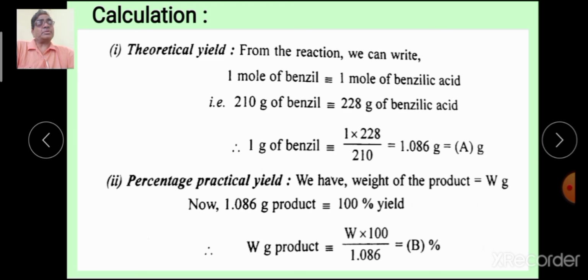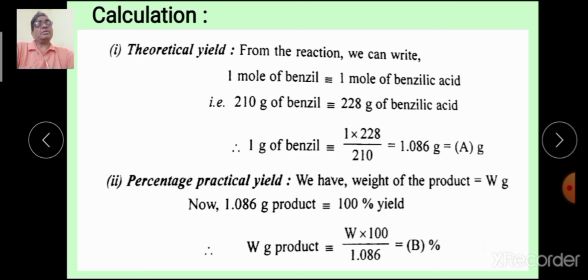From the relation, 1.086 grams of product is equivalent to 100% yield, and therefore for our W gram product, what will be the yield? That is W into 100 divided by 1.086, and let this percentage equal B%.